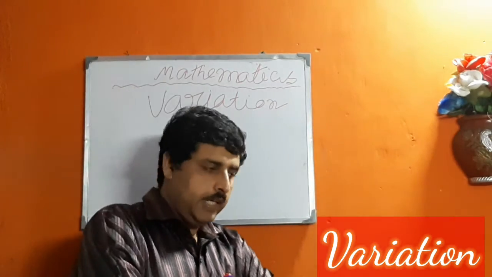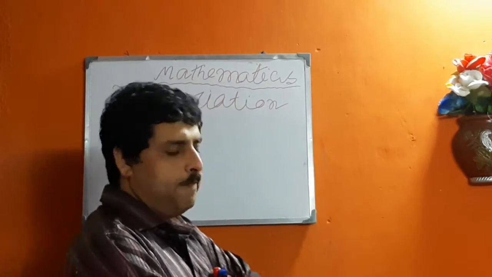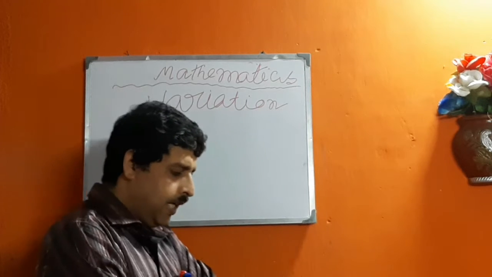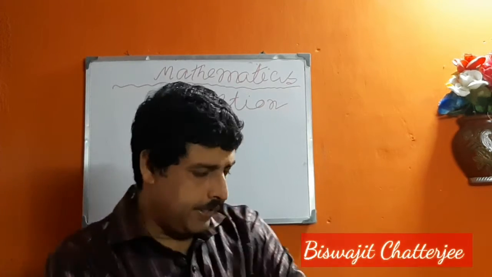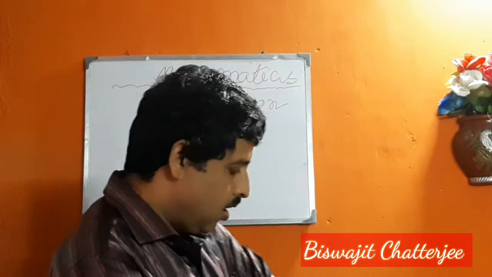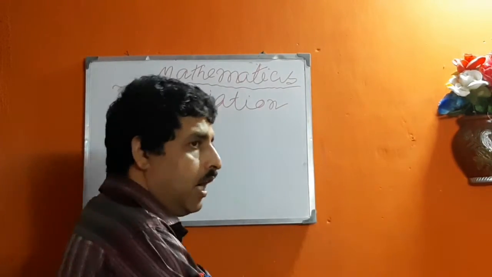So what is variation? Two quantities are said to be in variation if any of them increases or decreases, causing a decrease or increase in the other.